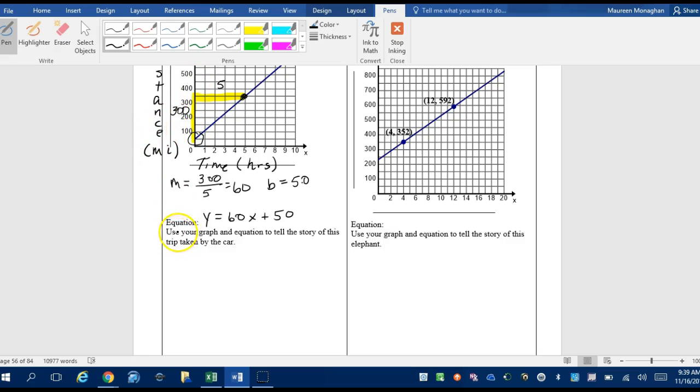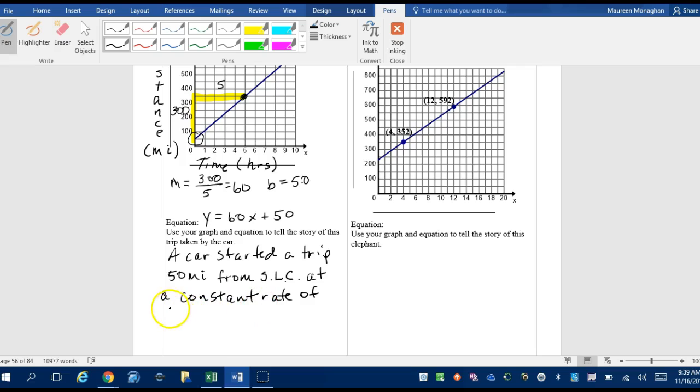Okay, it looks like a car started a trip 50 miles from Salt Lake City, I'm abbreviating, at a constant rate of 60 miles per hour, and it's only for 10 hours because you can see that the line stops up here.